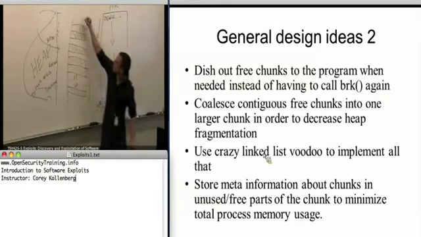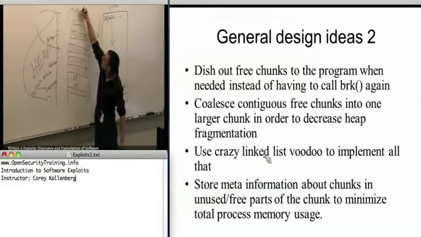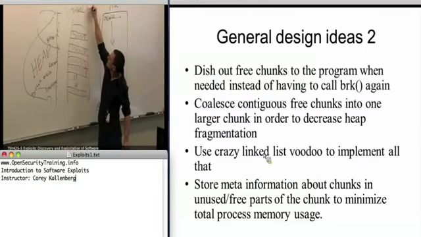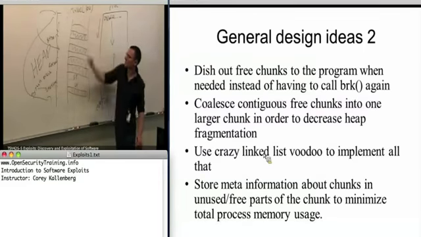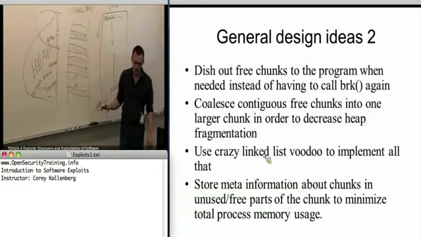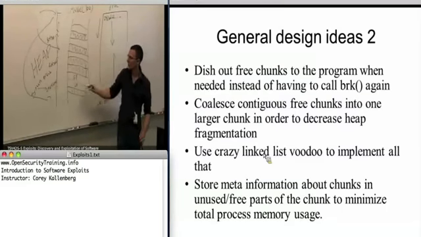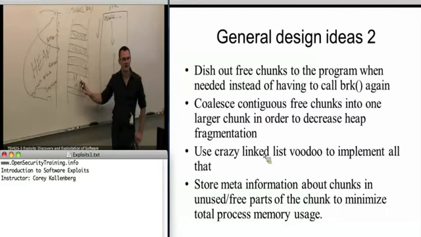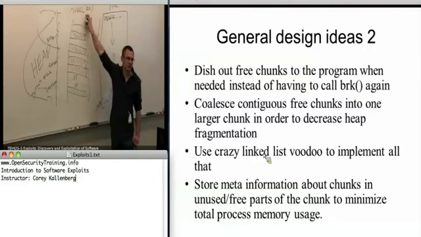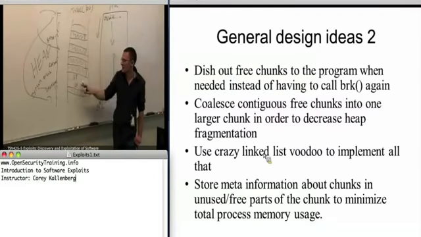So we just got a call for malloc 100. The heap allocator, using this crazy linked list programming, says, okay, I've got these free chunks, but I can't give these to the user because they're only 64 bytes. The chunk of memory has to be at least as big as the user's allocation request, and neither of these satisfy it.